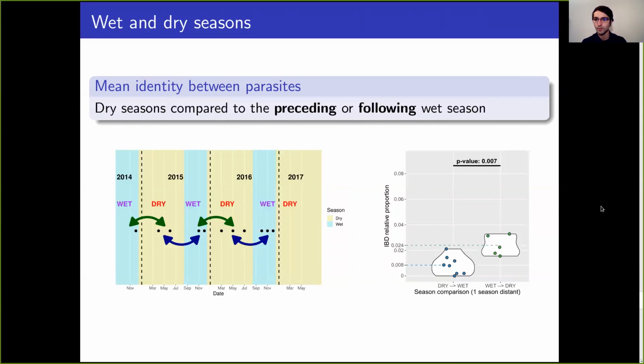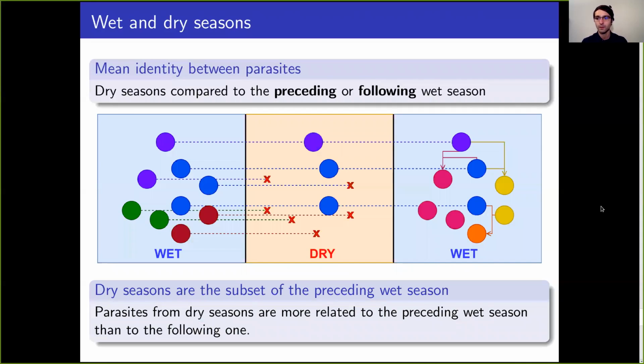Indeed, the group with the green dots seems to have a higher similarity than the group with the blue dots. This means that the dry seasons are more related to the previous wet season than to the following wet season. I show you here one possible explanation of this result.